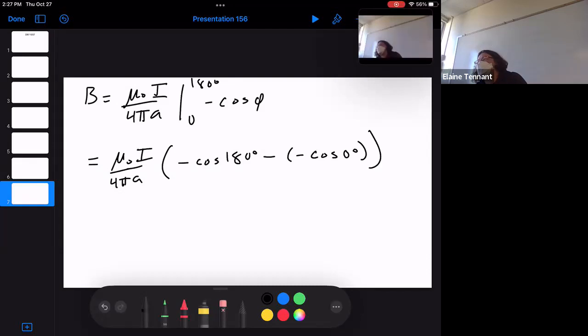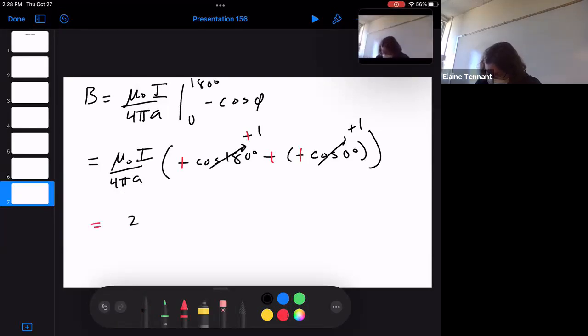And what is the cosine of 180? Negative 1. And so that will become a positive 1. And what is the cosine of 0? Just positive 1. Which again becomes a positive 1. So really we have 1 plus 1 here, which is 2.